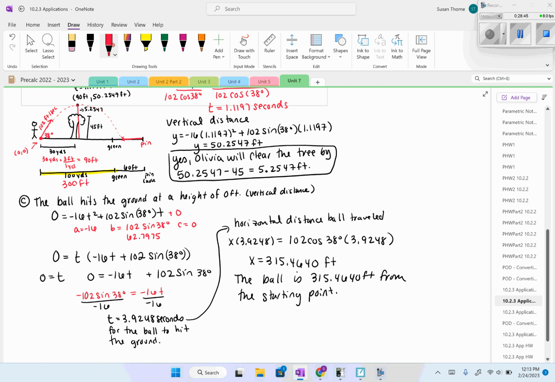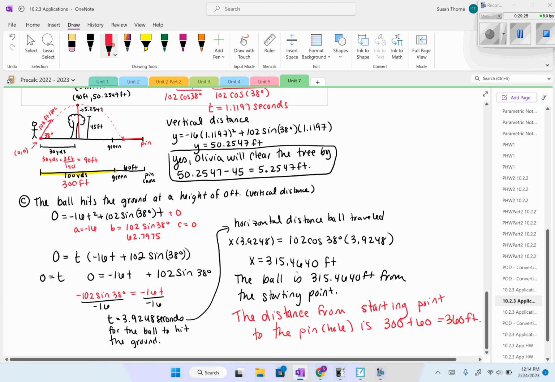So the distance from your starting point to the pin, which is the hole, is 300 plus 60, or 360 feet.